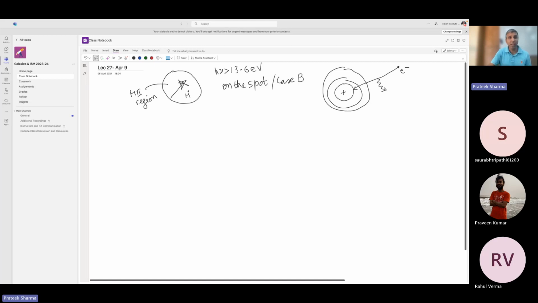And they are actually absorbed right within this H2 region by these neutral hydrogen atoms which are there, because their cross sections are very high, right? Because they'll immediately ionize this neutral hydrogen.